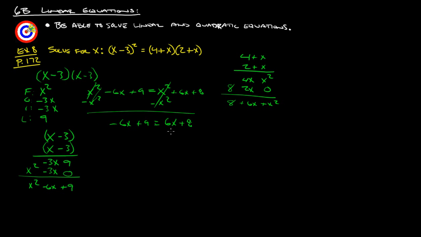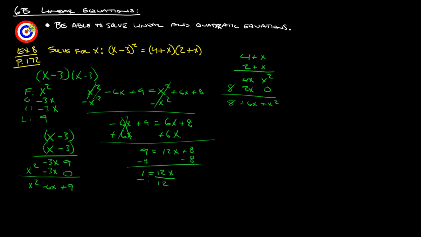So we've lost our x squared, so now we're back to what we were doing before, just like the last example. So I'm going to add 6x to both sides. So that makes this go away, and we just have 9. We get 12x plus 8. Subtract 8 from both sides, and we get 1 equals 12x. Right? So we divide both sides by 12.